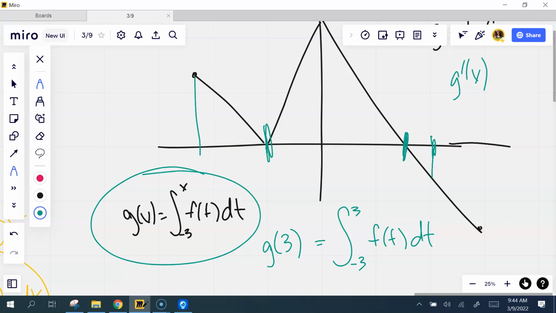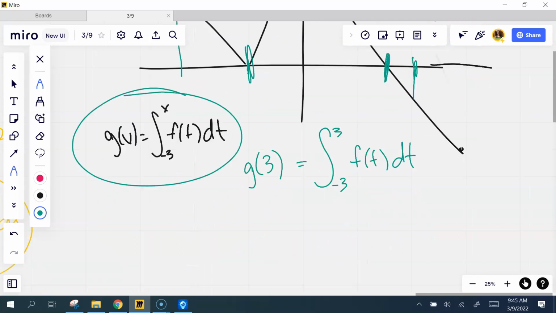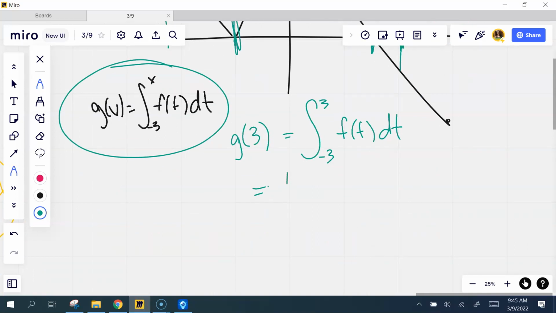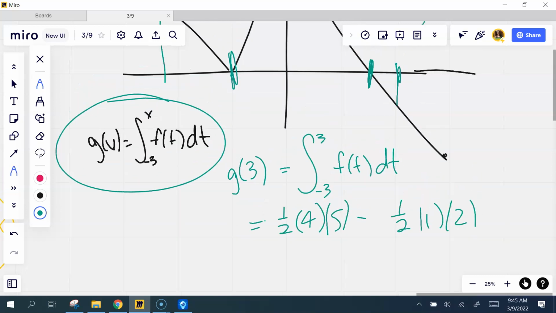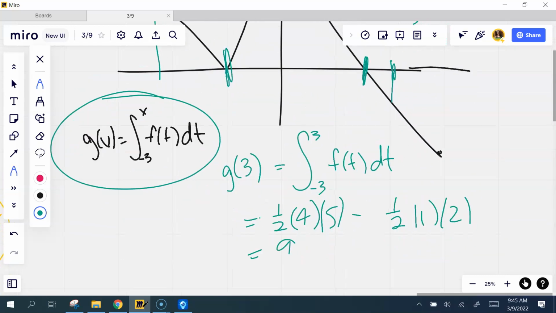Yeah. So I've got 2 triangles then. What's the answer? 9. The area of this triangle is, this is my work, 1/2 times 4 times 5 minus 1/2 times 1 times 2. And you get 9.